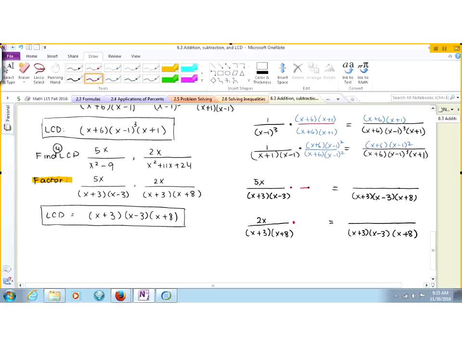All right. So what are you multiplying this with? X plus 8? Okay. Now, can we multiply 5x times x plus 8? 5x squared plus 40x. Yes. That's it. What about this? What is missing?